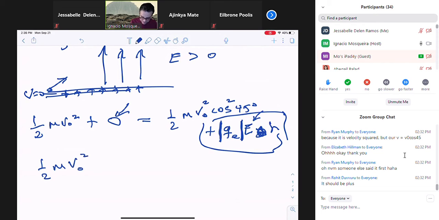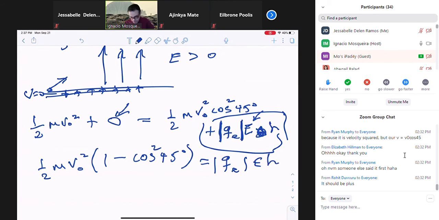And then I could have a 1, and then I would have a minus cosine squared of 45 equals QE E times H. Right? I just move this term to the other side, and I factor out this term.